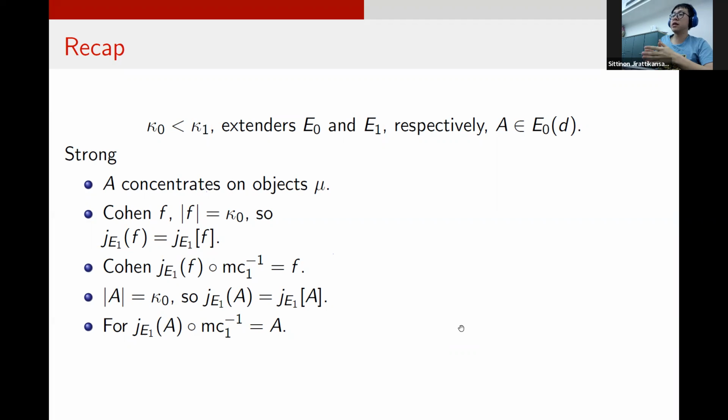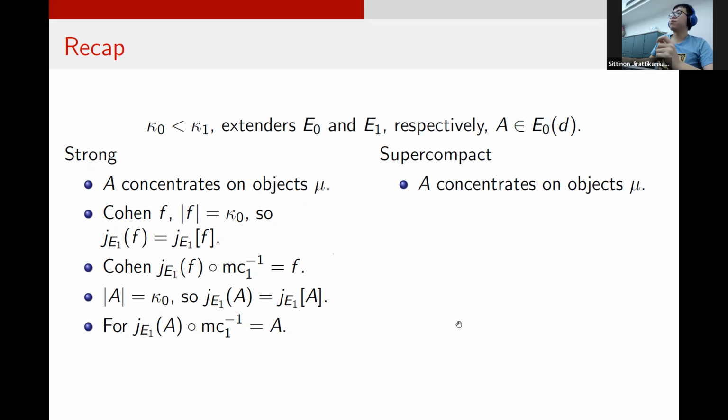So if you compute j E1 of A, it's just going to be the pointwise image, and then composing with MC1 inverse, you're going to recover A. The story of this slide basically says that there is a measure 1 set of mu such that if you compose F with mu inverse, you get something that you want. And if you compose A with mu inverse, you also get something that you want in the forcing.